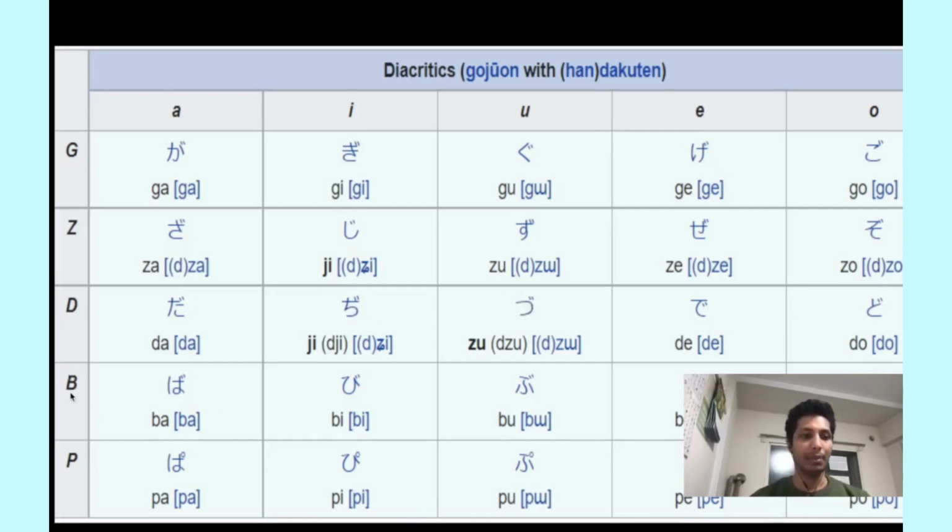Later we have a ba line. So earlier it was ha, and then we put tenten, it becomes ba. So ba, bi, bu, be, bo. Okay, so this is Han dakuten, right? Because this is a circle.